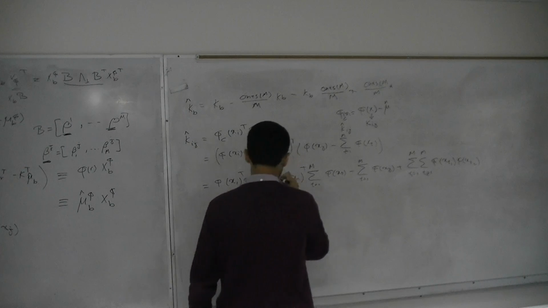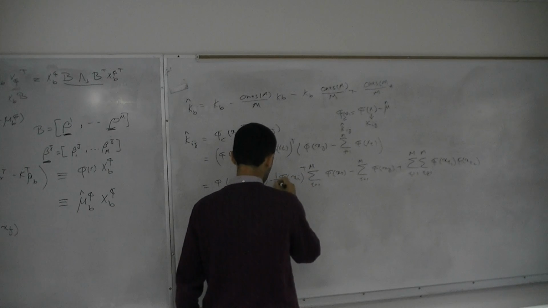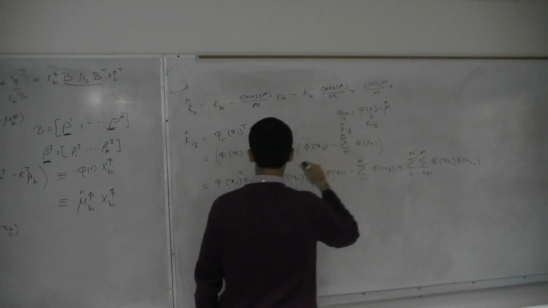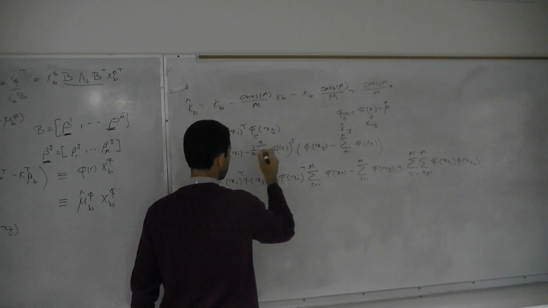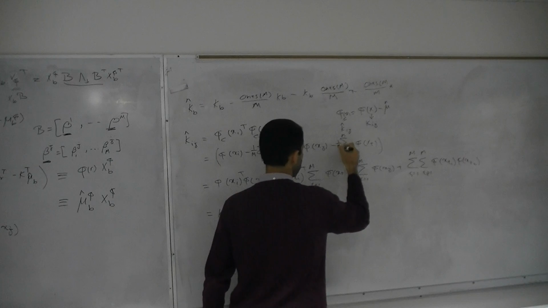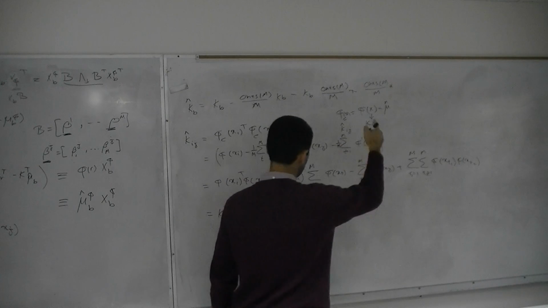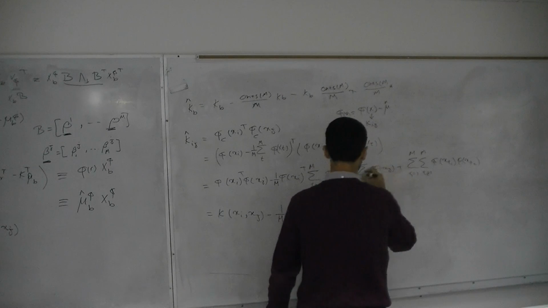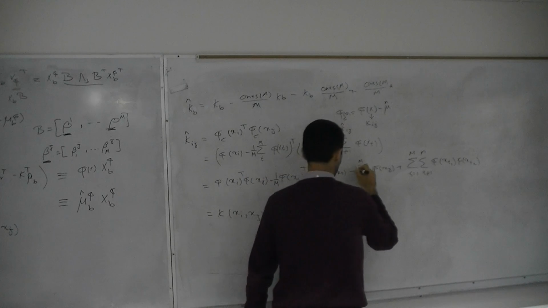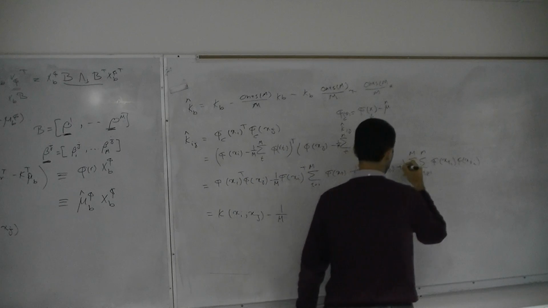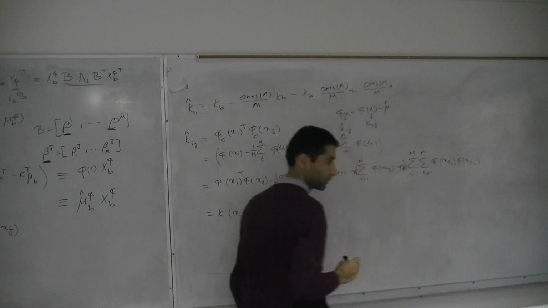Here we have 1 over n because it's the mean, it's the mu, and here we have 1 over n and 1 over n squared.